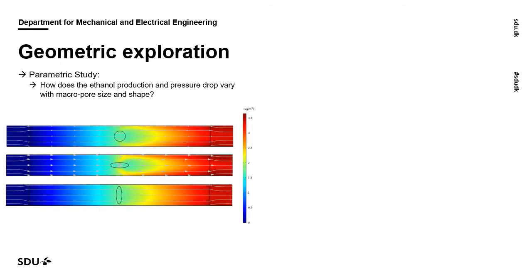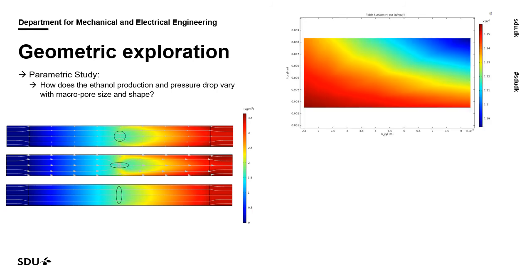So now we're going to do a geometric exploration using the parametric study feature. We're going to look at how the ethanol production and pressure drop vary with the macro pore size and shape. We're going to do that using an ellipse, so we're going to vary the two sizes, the height and the width. And we see that the production of ethanol is highest for the smallest fluid macro pore, which makes sense.